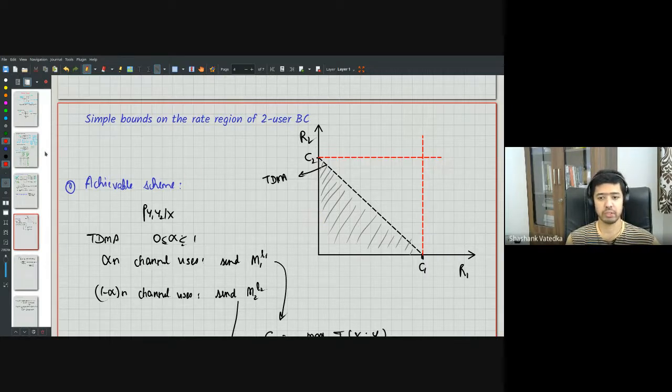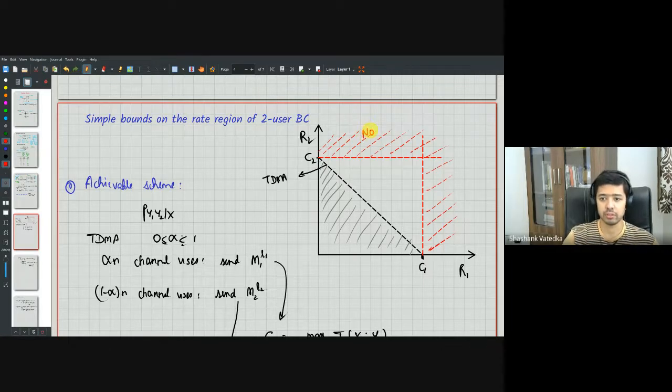Right? Because if they try to communicate, no matter whether the other user can receive reliably or not, certainly that particular message cannot be received reliably, right? So certainly this region is not achievable. Right?